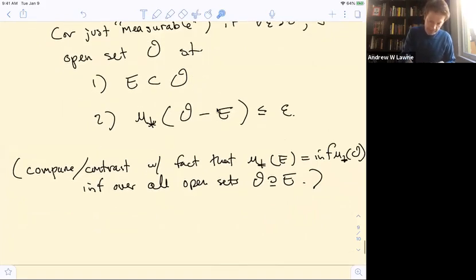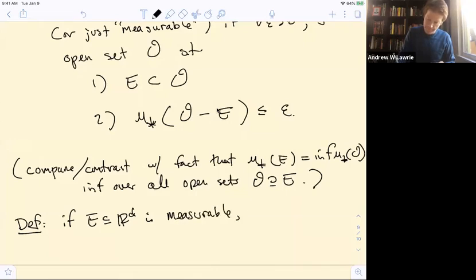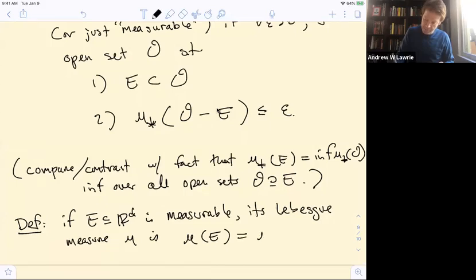So definition: if E in R^d is measurable, its Lebesgue measure mu is given by mu of E is equal to mu star of E. So the punchline is that we've built the Lebesgue measure.